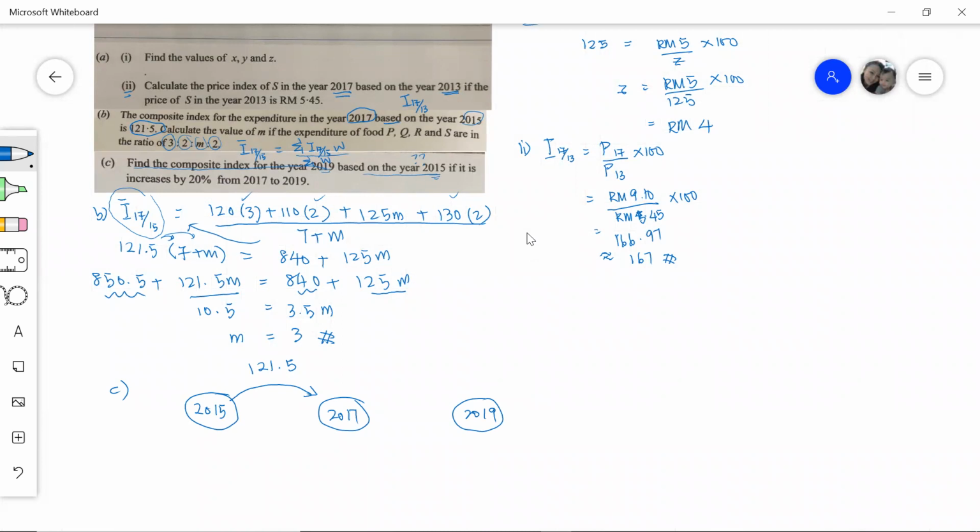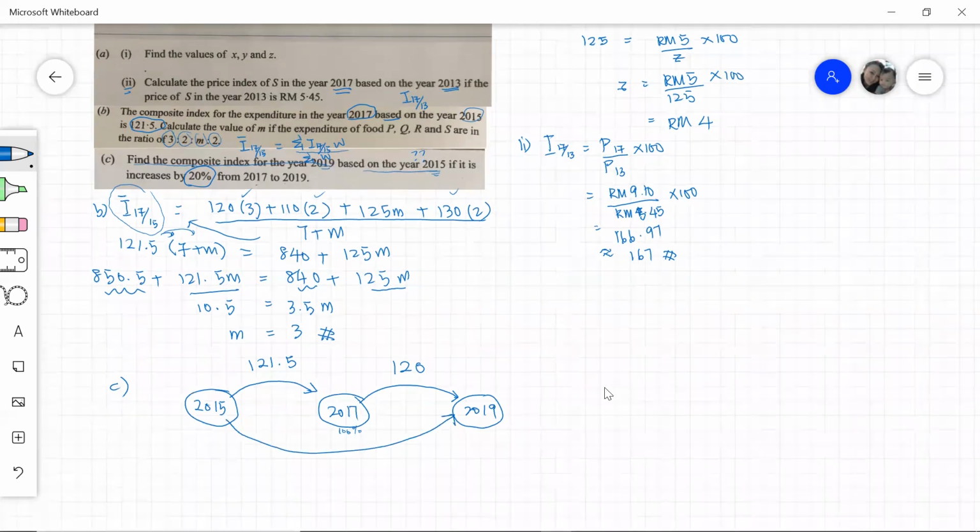It is increased by 20% from 2017 to 2019. So from 2017 to 2019, increase by 20% means this is our 100%. After we increase by 20%, the composite index representing 2019 over the year 2017 is 120. Now what do we want? We need to cross from 2015 straight to 2019.